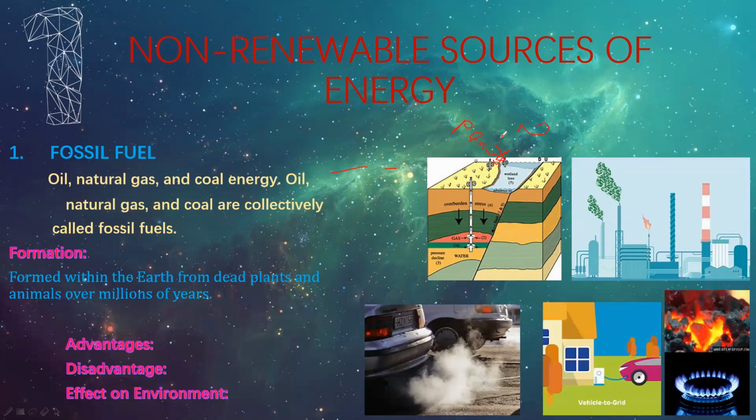You see that over millions and millions of years ago, they were under very high pressure and heat, because as you go down the earth's crust, the pressure increases, and the temperature also increases. So under very high pressure and temperature, these plants and the remains of the animals turn into what?